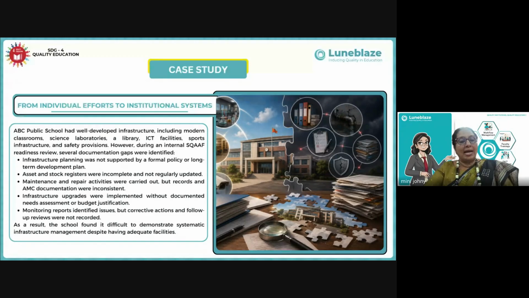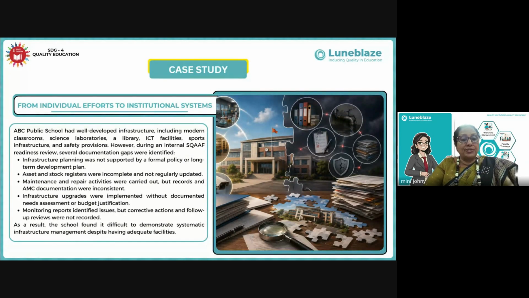ABC Public School had well-developed infrastructure, including modern classrooms, science laboratories, library, ICT facilities, sports infrastructure, and safety provisions. However, during an internal SQAAF readiness review, several documentation gaps were identified. Infrastructure planning was not supported by a formal policy or long-term development plan.